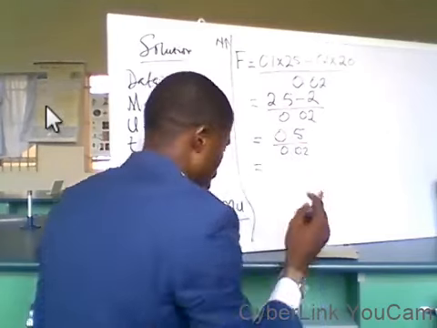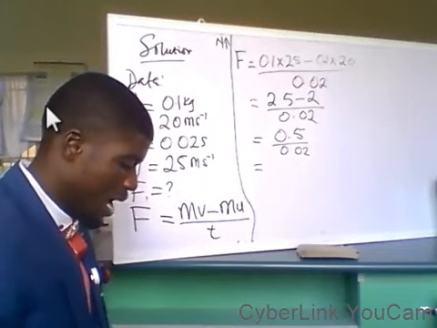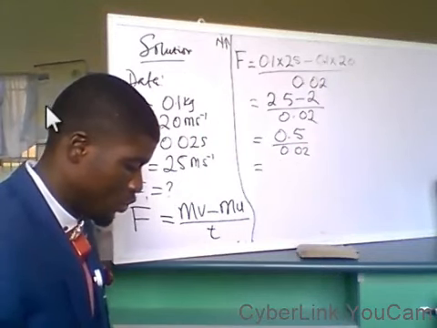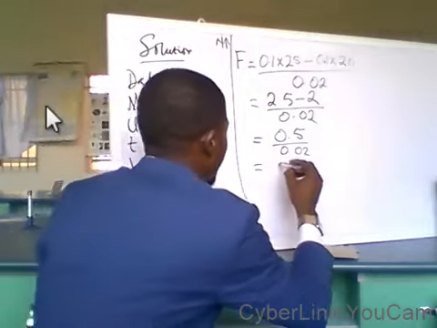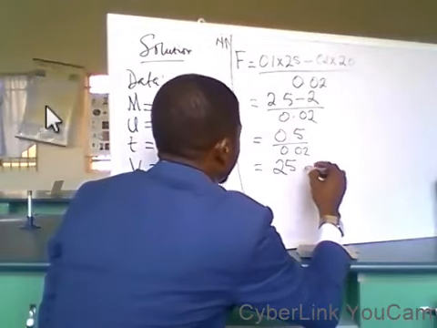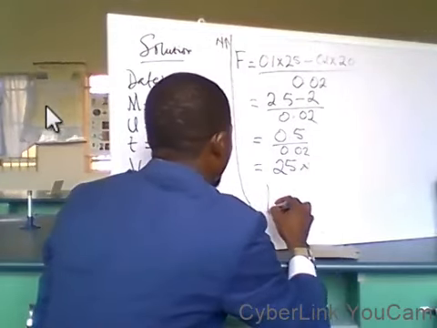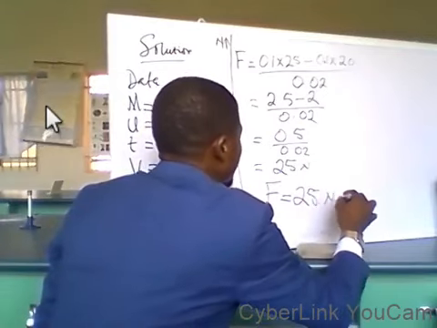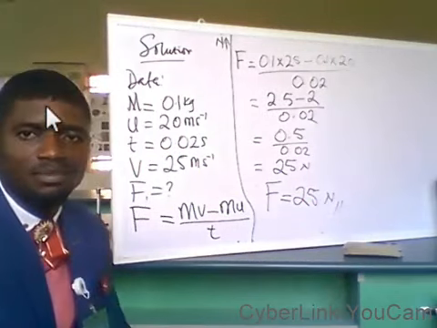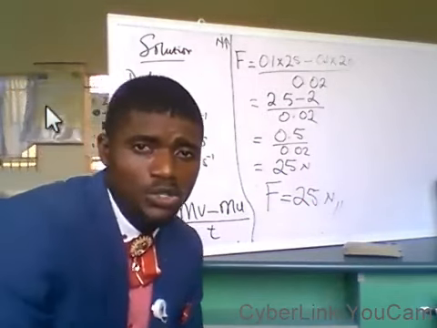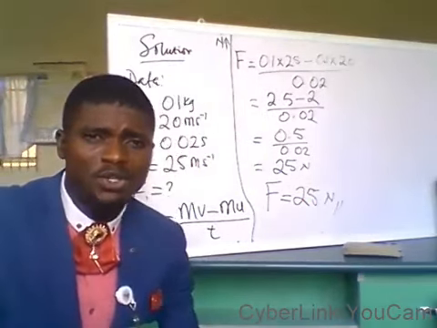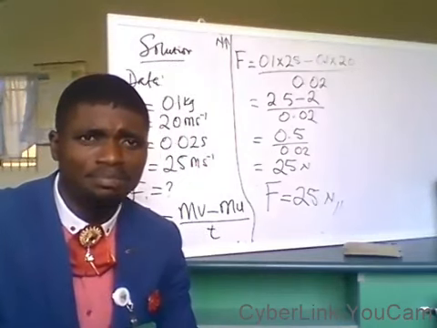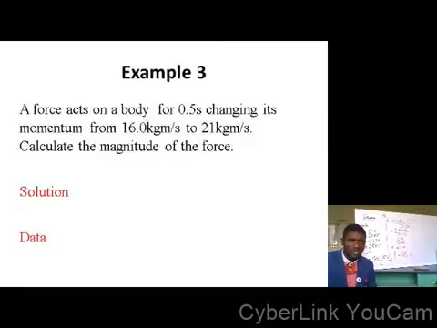Our final answer is 25 Newton. Simple. And so I would like you to help me do this as your classwork. Just go through this question and try attempting this question.